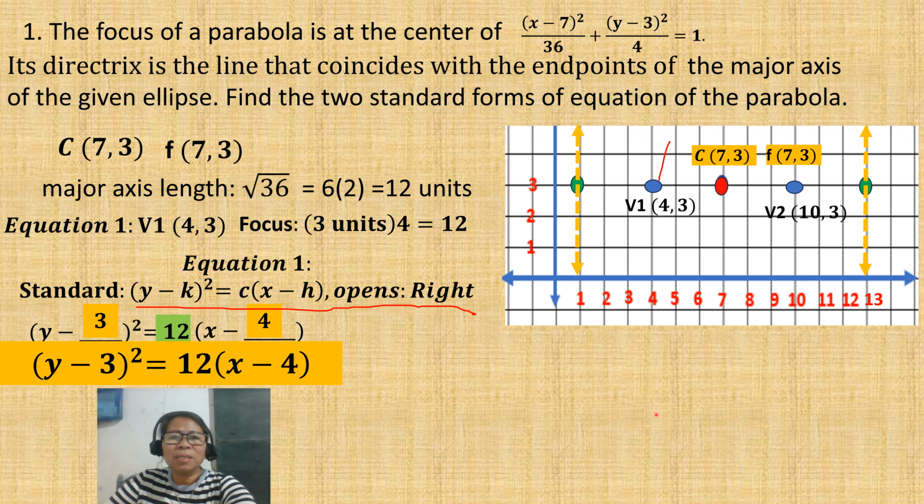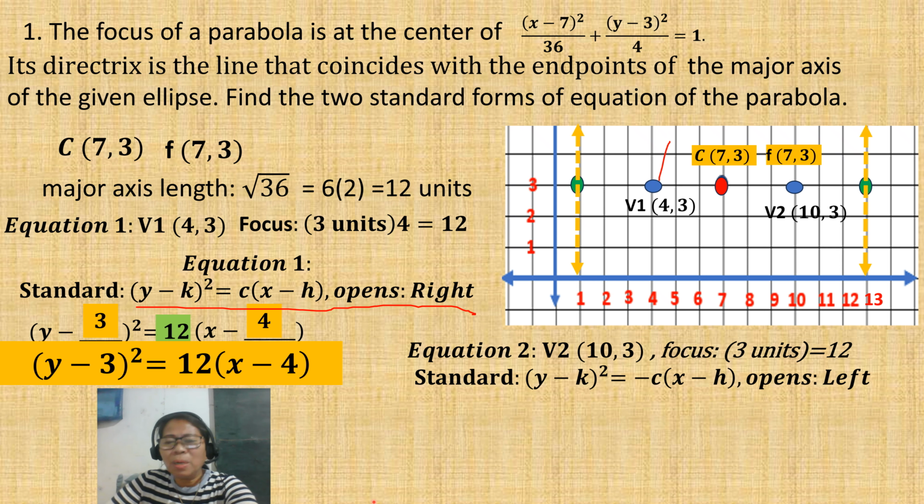Then let's proceed to the second, because this is our vertex 2, and if this is our vertex 2, this is still the focus. So remember that the focus is inside the cone, meaning our parabola will be opening to the left because the focus is on the left side of this vertex.